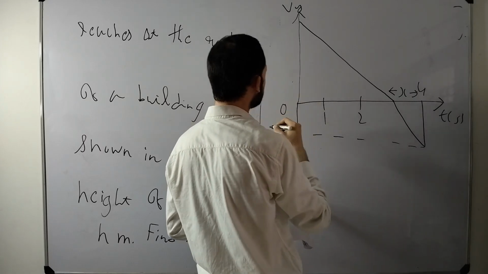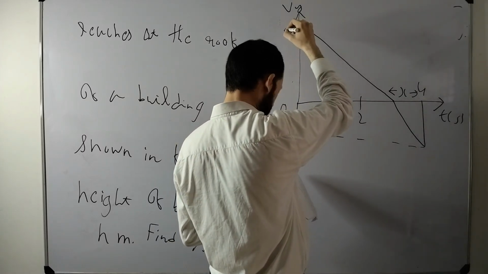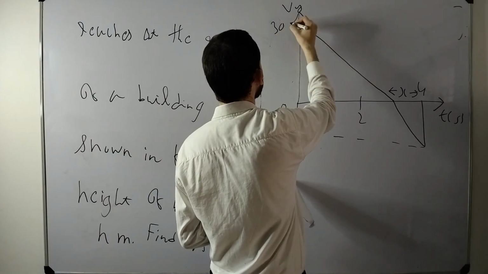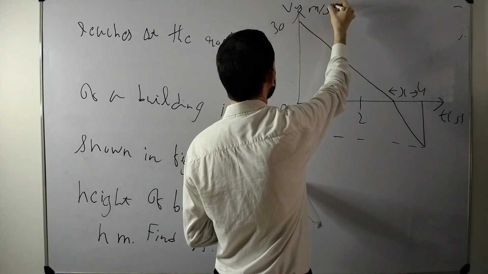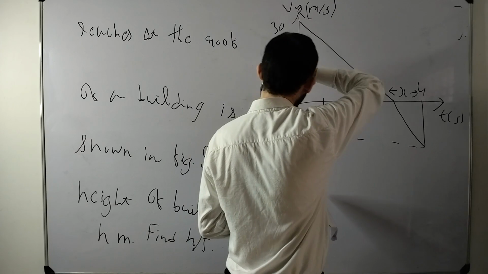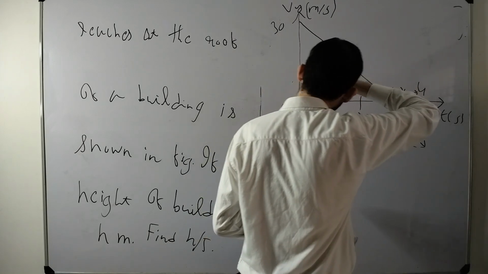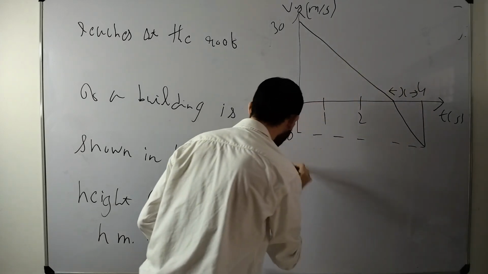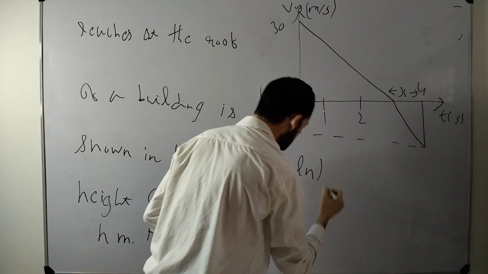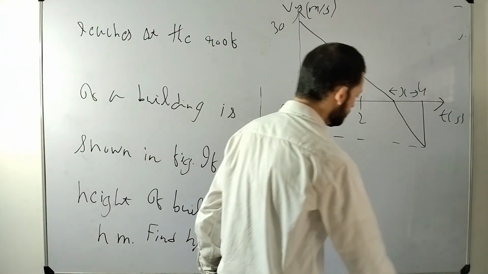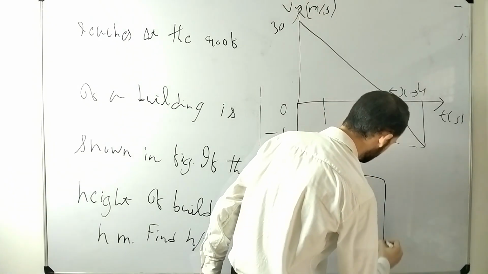So let's understand the graph. What is this? 30. So initial velocity is 30 meter per second. Right, students? Now let's see how to solve this graph. Solution. Let's draw the figure. Here I am standing on the building.